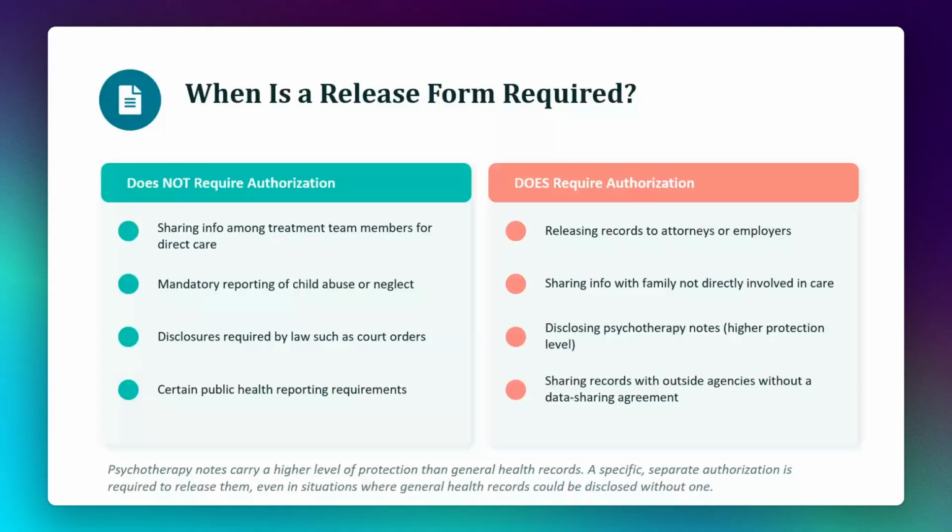The psychotherapy notes rule is worth highlighting, specifically for social workers and clinicians. Under HIPAA, psychotherapy notes get a higher level of protection than general health records. Many of the standard permitted disclosures that apply to general health information do not apply to psychotherapy notes. Look up the HIPAA guideline for more information.